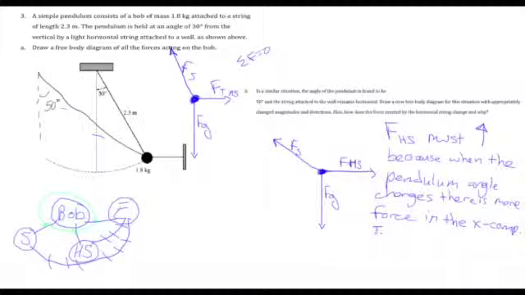To remain balanced, and that was the key thing I was looking for, force of the horizontal string must increase. So notice this loop I made. I start with my answer, do reasoning, that winds me back up at my exact answer. We should always start and end with our answer.